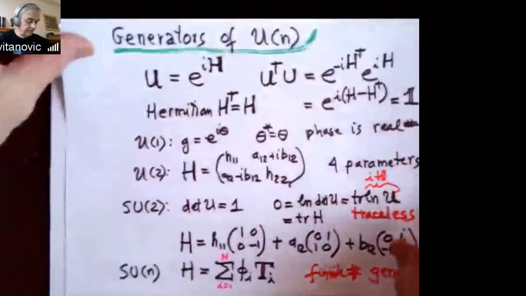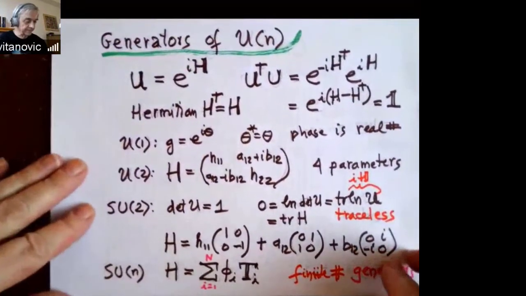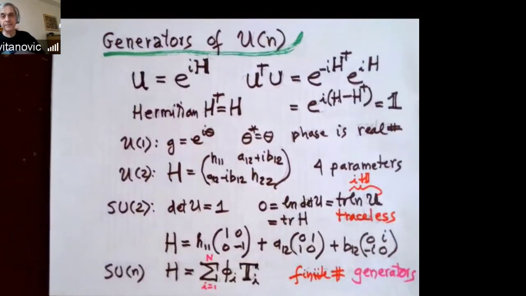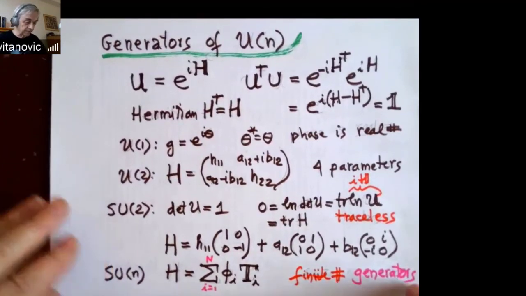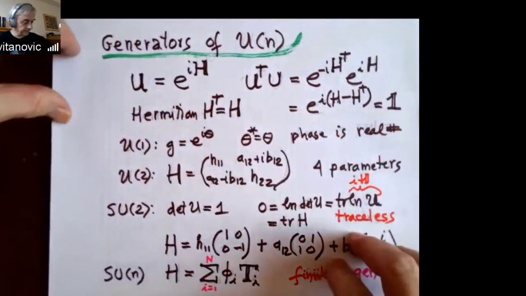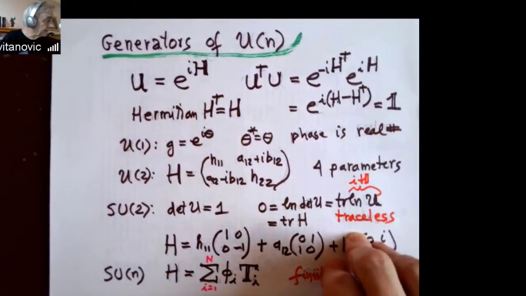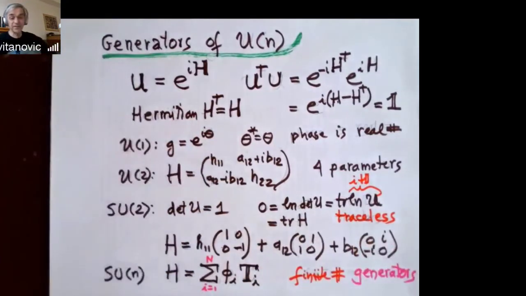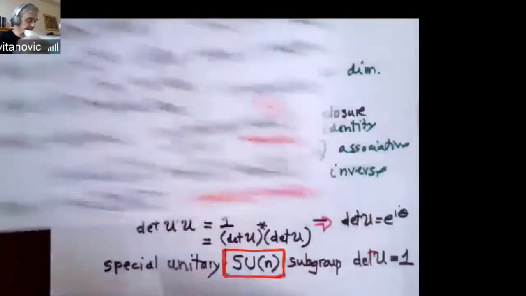We have gotten to this point that, in terms of algebra, we have found out that every group that we care about is a subgroup of UN, and UN can be described by a finite number of generators by using the trick of writing something in exponential form. Now, how does this really work? It's still lots of stuff.